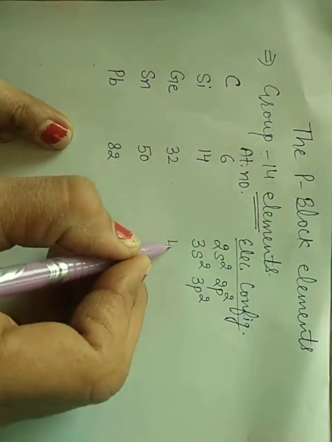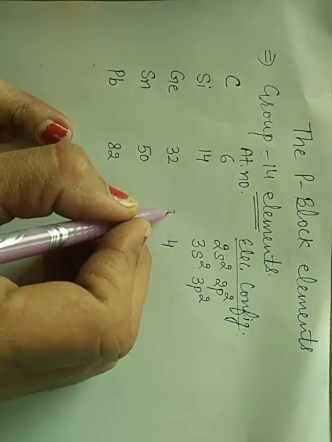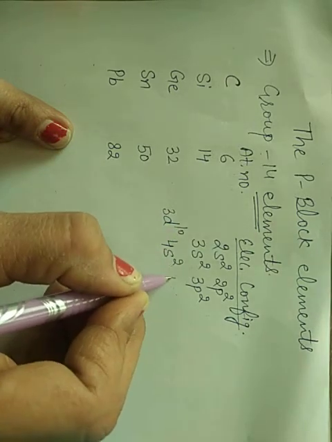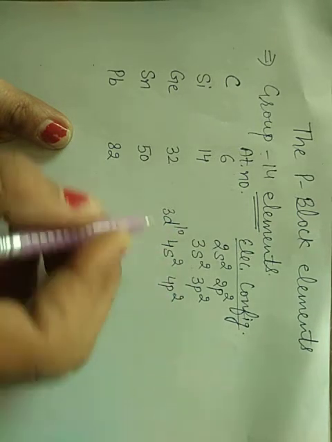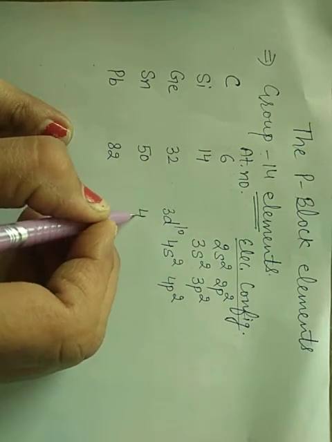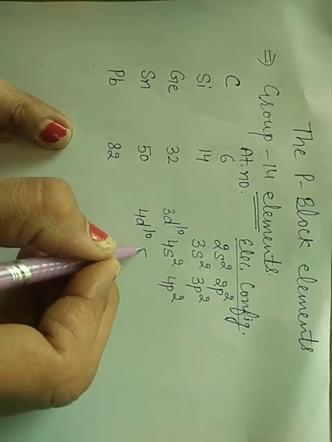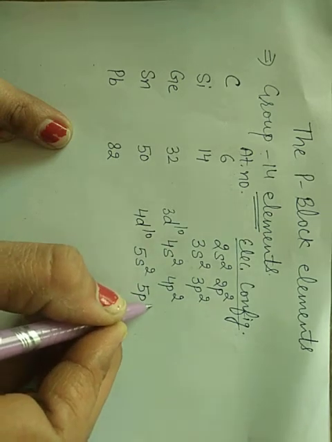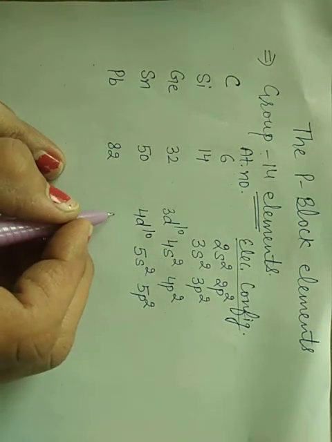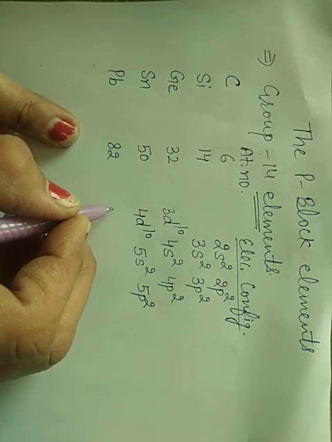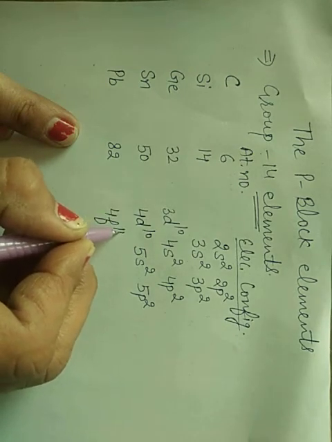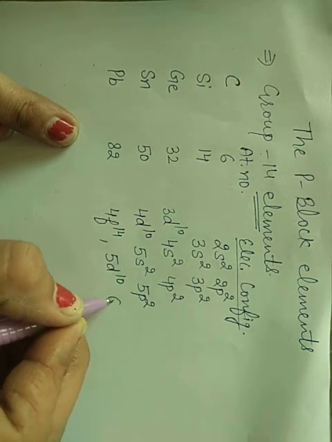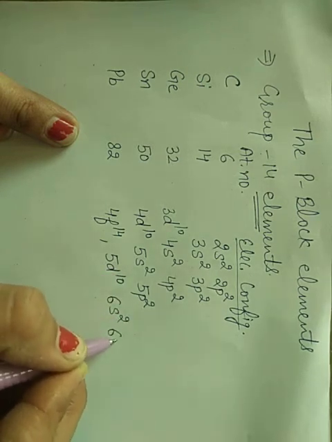In case of germanium 3d10 4s2 4p2. In case of tin 4d10 5s2 5p2. In case of lead, this is 4f14 5d10 6s2 and 6p2.